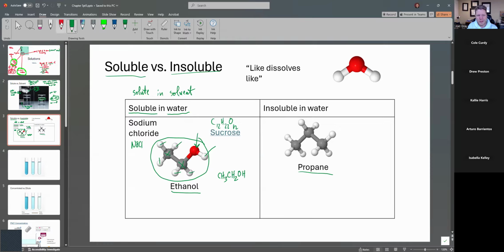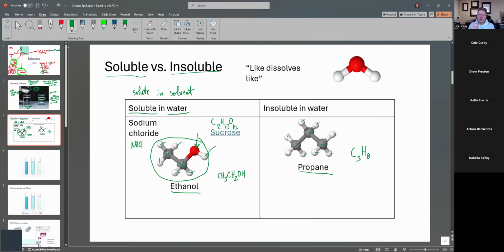Now, what I want you to recognize as a comparison of ethanol to propane is that propane has one, two, three carbons. One, two, three, four, five, six, seven, eight. So that's three carbons. So I'm going to write this formula as C3H, what did I say, 8?